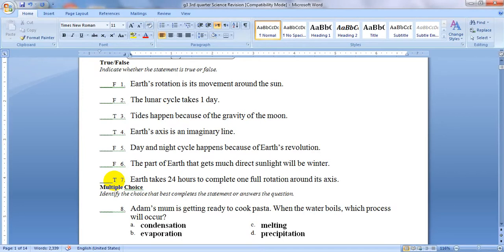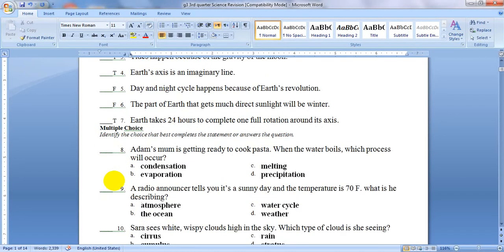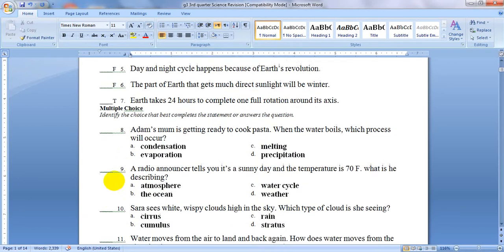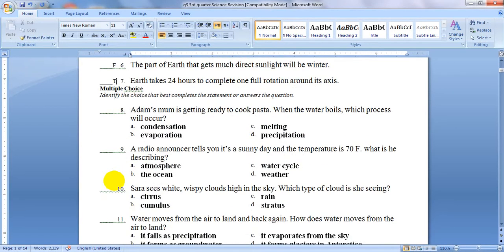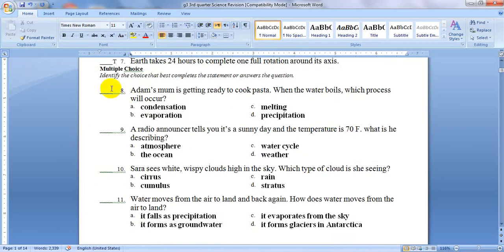Now we will move to question number 8. You have to choose the best answer. Adam's mom is getting ready to cook pasta. When the water boils, which process will occur?